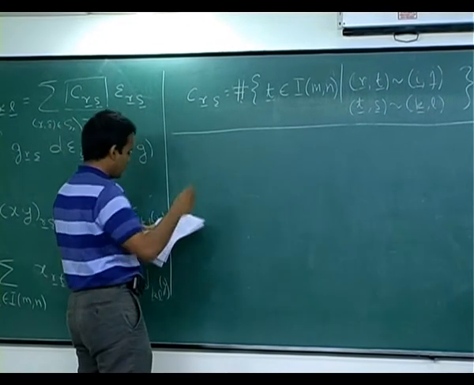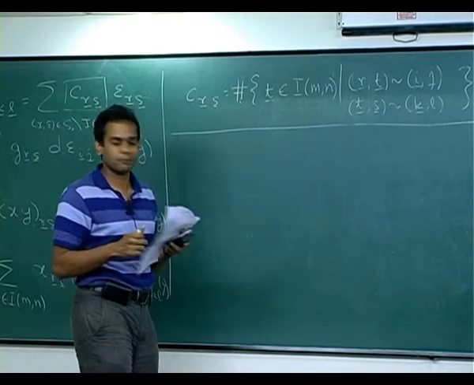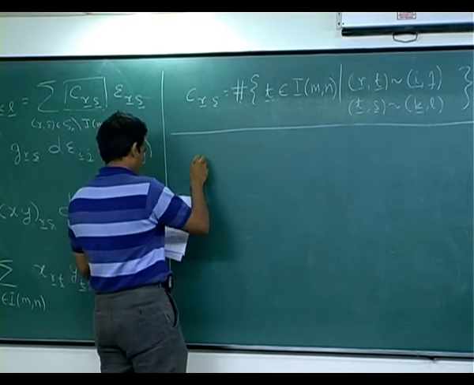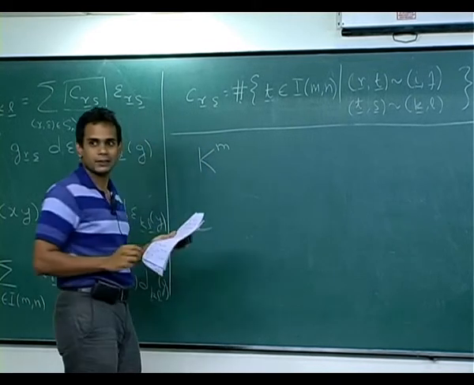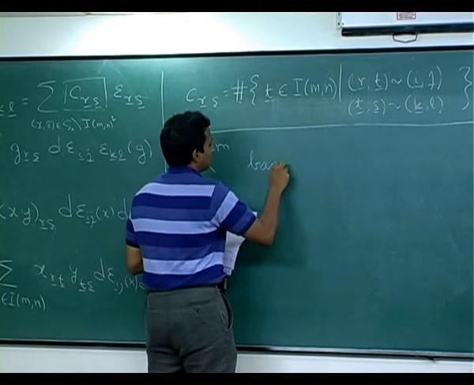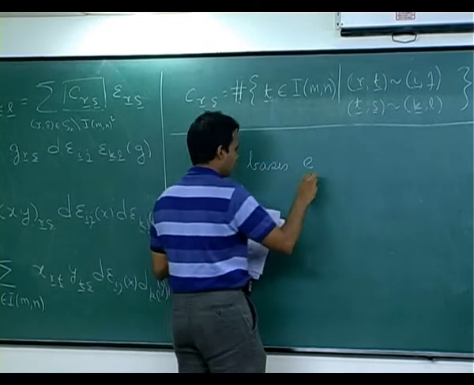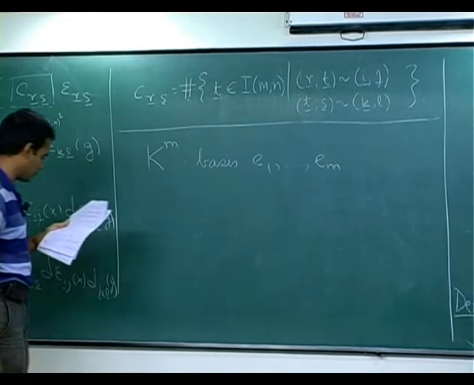Now, I will just look at something slightly different and we will see that these same kinds of numbers appear. So, think of just this vector space K^m, the defining representation of GL_m, and I will write down a basis just consisting of the coordinate vectors E1, ..., Em. Ei is the ith coordinate vector.